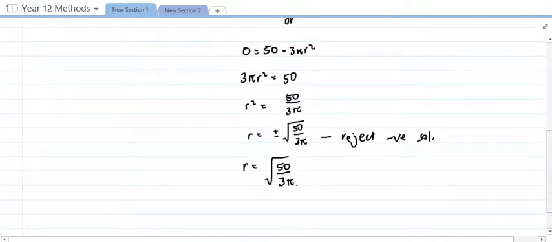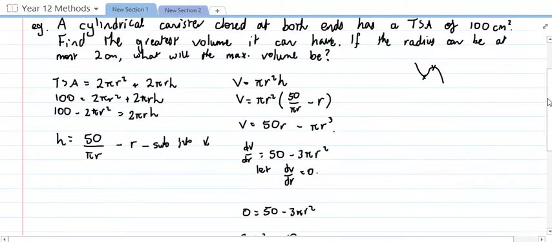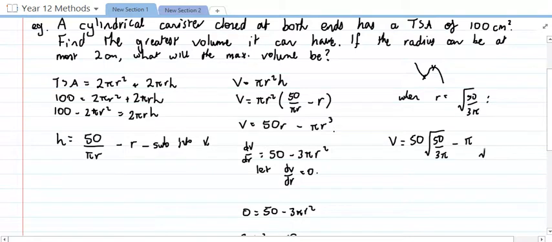So when r equals the square root of 50 on 3 pi, then we're going to get volume equals 50 times the square root of 50 on 3 pi minus pi times the square root of 50 over 3 pi all cubed.